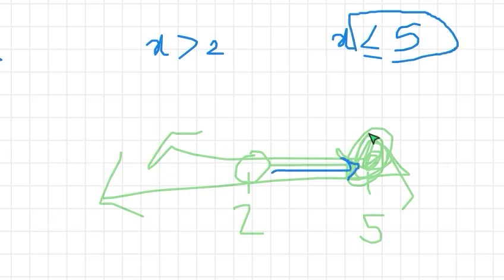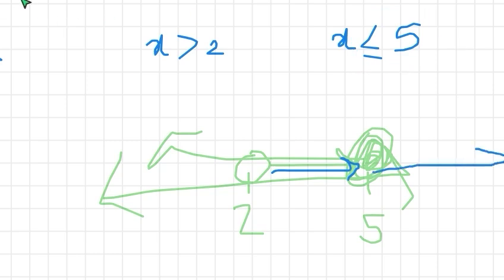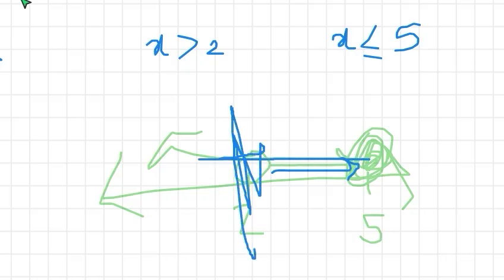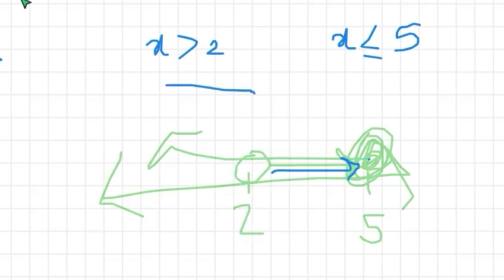And x less than or equal to 5, you have stopped at 5, correct? You did not go further. So you have to stop here at 5, and start at 2 because x is greater than 2. Do you understand what I mean?